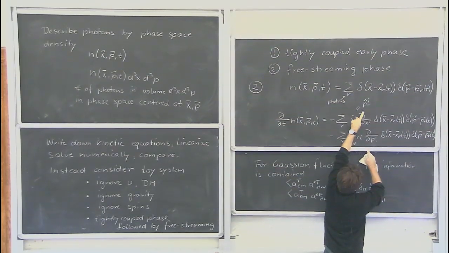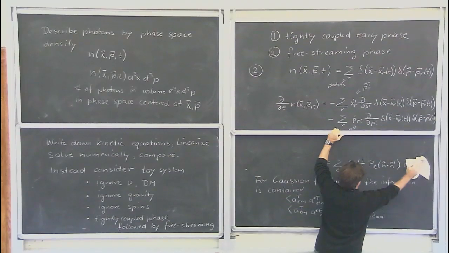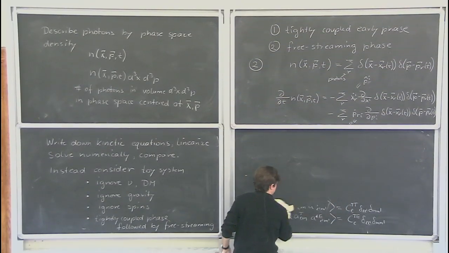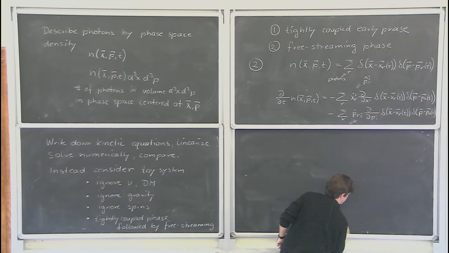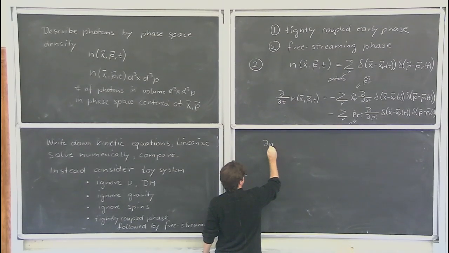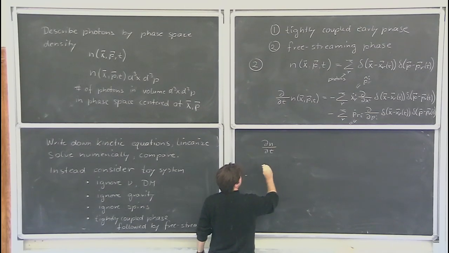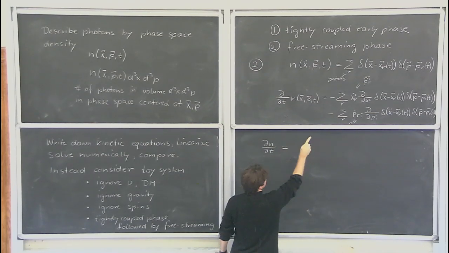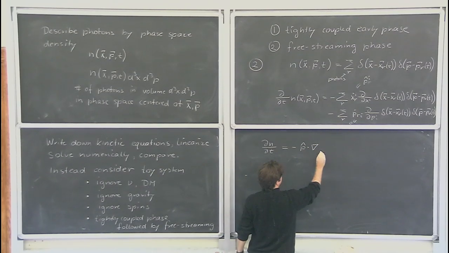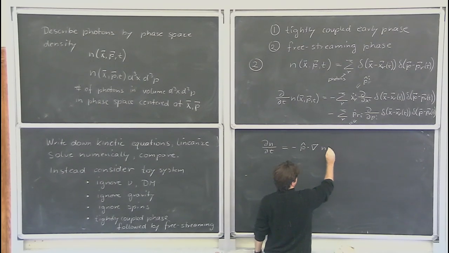This differential operator we can pull out. So if we pull it out, we just get dn by dt is equal to minus p hat dot the gradient times the phase space density.